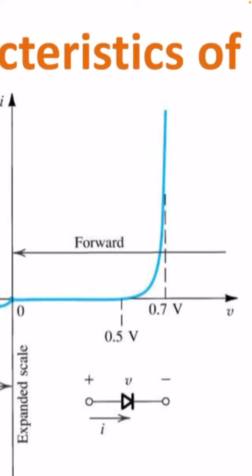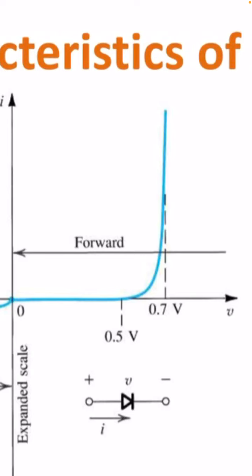Until 0.7 volt is reached, there is no current, because this is the potential barrier. And this 0.7 volt is for silicon, or germanium, I don't remember, please check it.